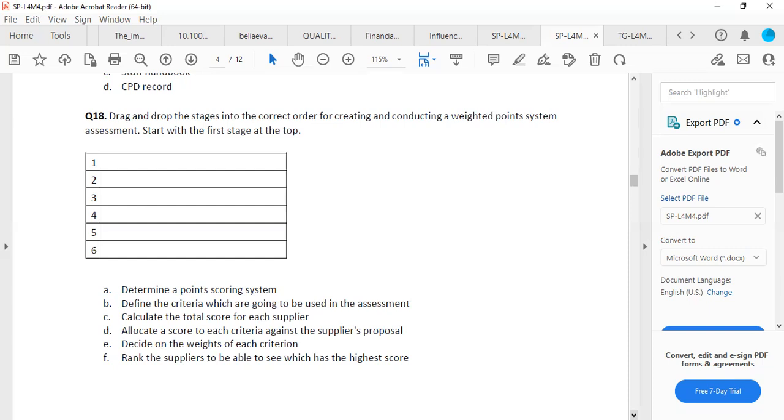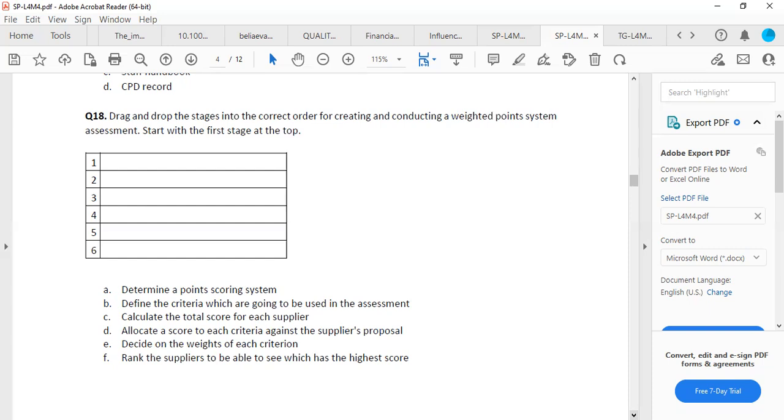Decide on the weight of each criteria. Yes, you decide on the weight of each criteria. Allocate a score to each criteria against the supplier's proposal, correct? Determine a point scoring system.